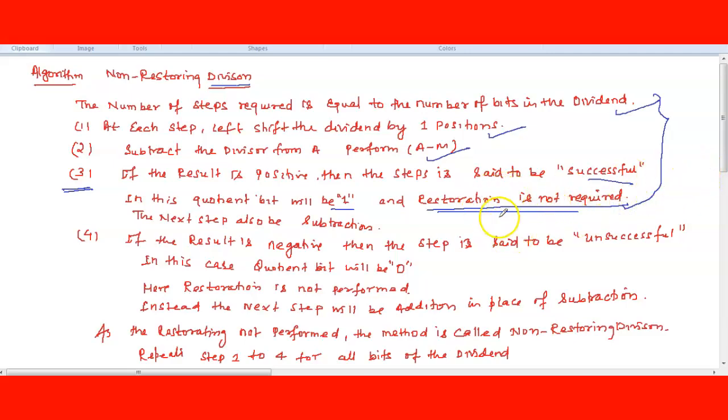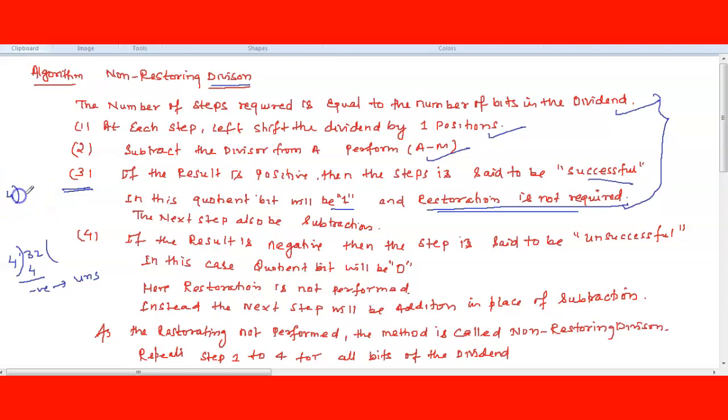Consider the example we have done, like 32 and 4. We subtracted 4 here, so we got a negative number. So this step is said to be unsuccessful.